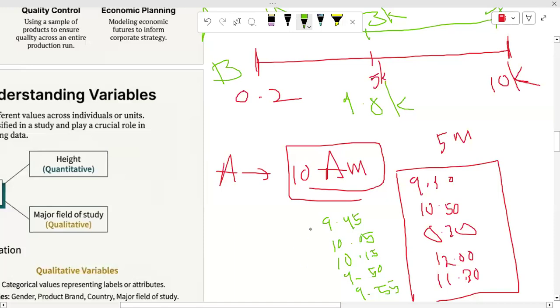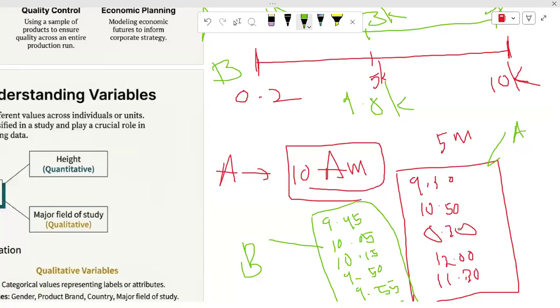Who is reliable on his promise? A, this is B. Who is reliable on time? B. Why is that? Why do you say?